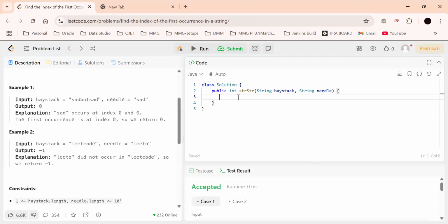As you guys already know how to get a substring, I need a substring of 3 characters here. You can observe I need sad. This is my substring that I need to search for.